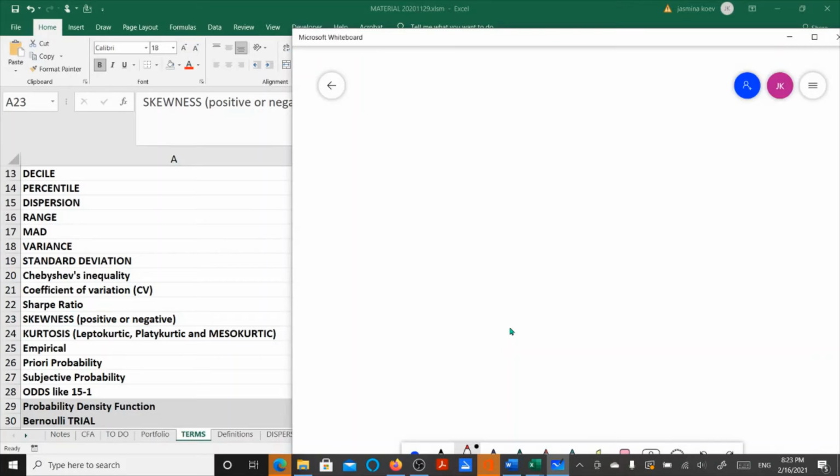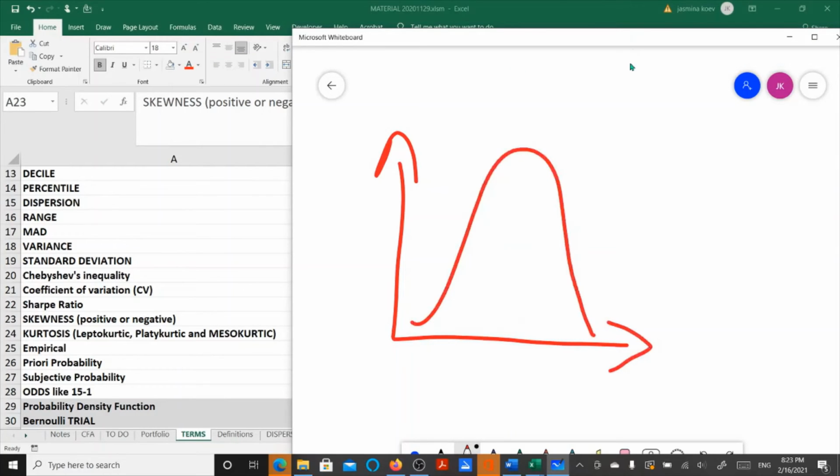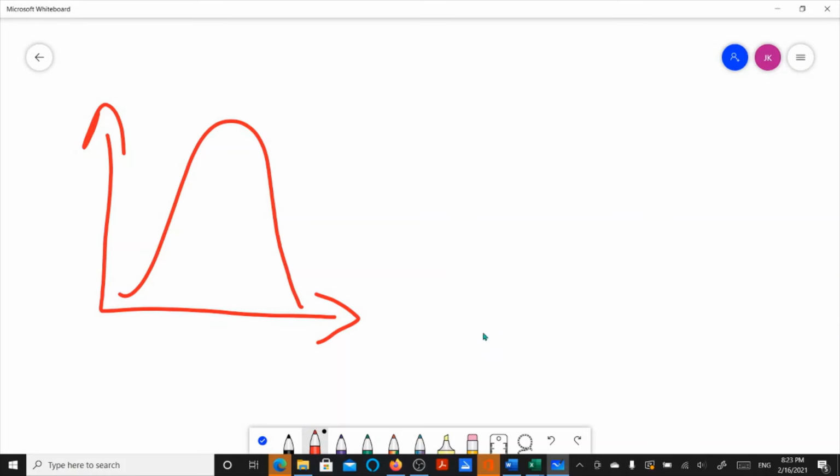Skewness. If we're looking at our normal distribution, this is normal. This is positively skewed.